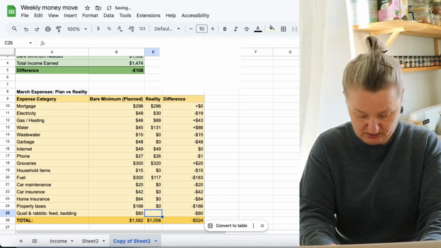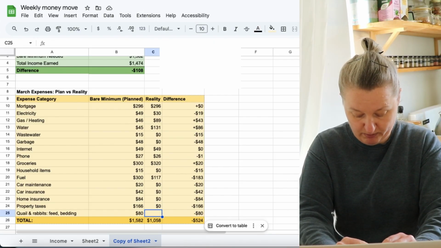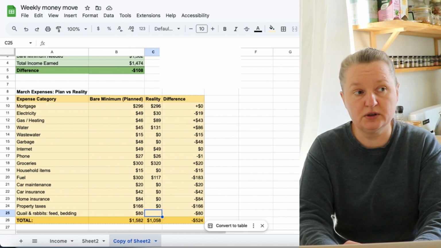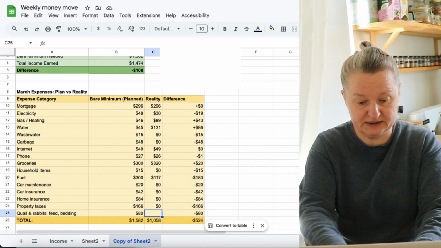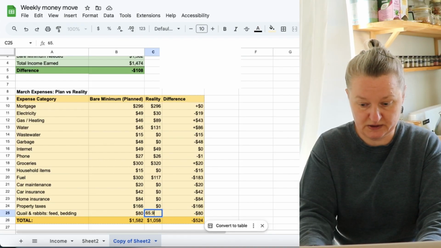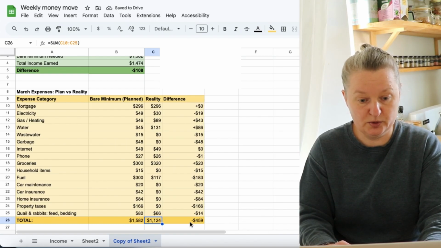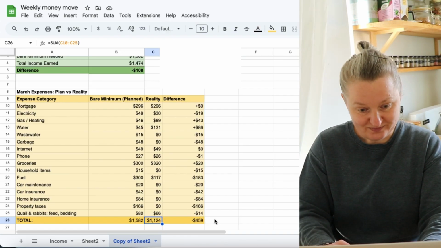And for my animal feed, for my quail and rabbits, I got 3 bags of quail feed and 1 bag of bedding for rabbits, and the total was $65.99. And here I have a $459 difference under my budget, but I'm not done yet.